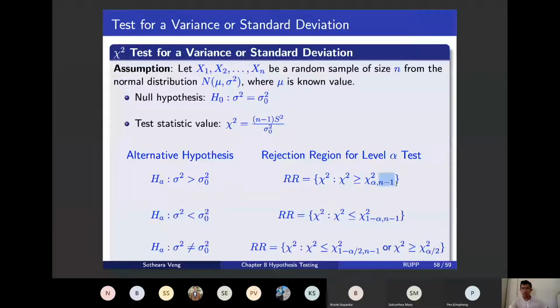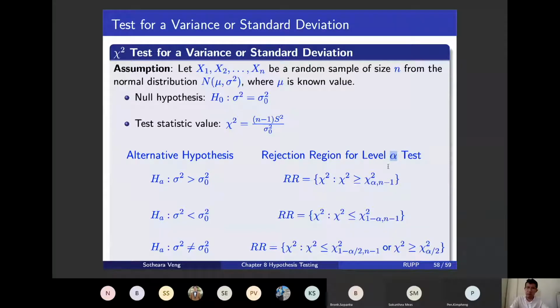N minus 1 is the degree of freedom of the chi-square test, and this alpha is the significant level, right?